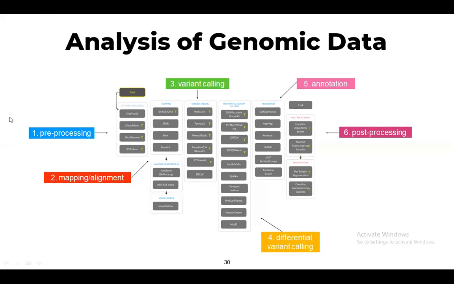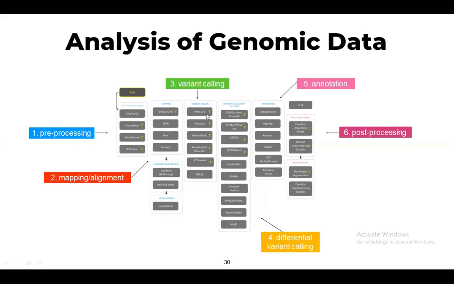For instance, under data pre-processing, you can understand which algorithm needs to be applied for pre-processing of the genomic data. Then under mapping, you can understand what kind of algorithm to use, and why you need to implement a particular algorithm to align or map your reads on a genome.